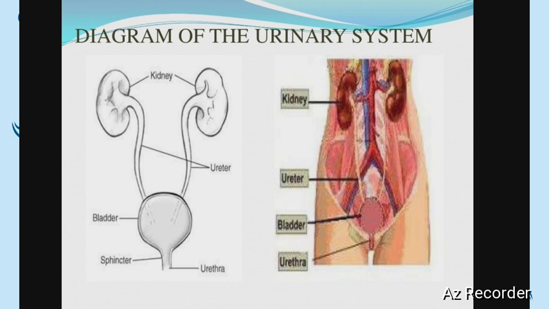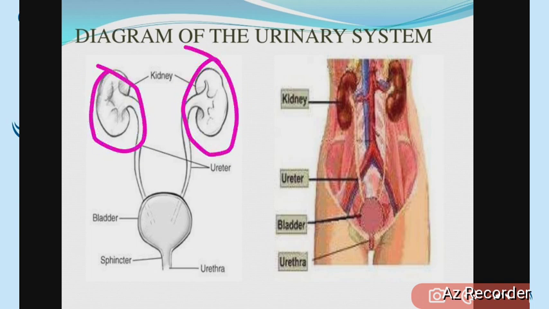This is a diagrammatic representation of the urinary system. Like I said earlier, we have two kidneys. This is the right kidney, this is the left kidney. They are connected to the ureter, the one that ends with ER, to the bladder. This is the bladder, this circular area with smooth muscles.